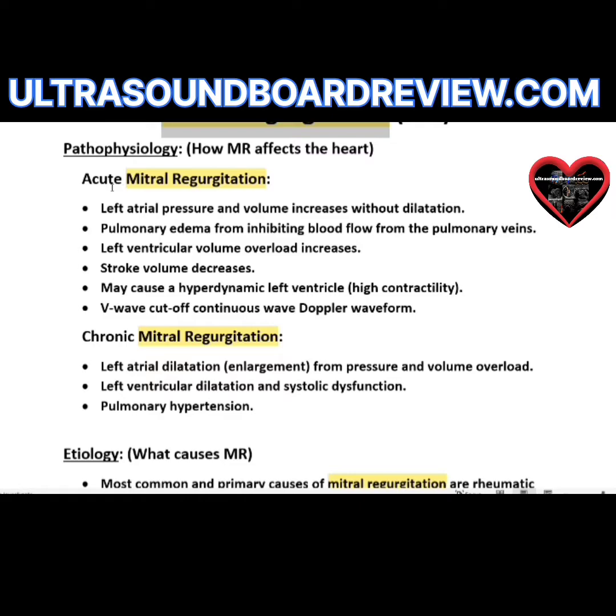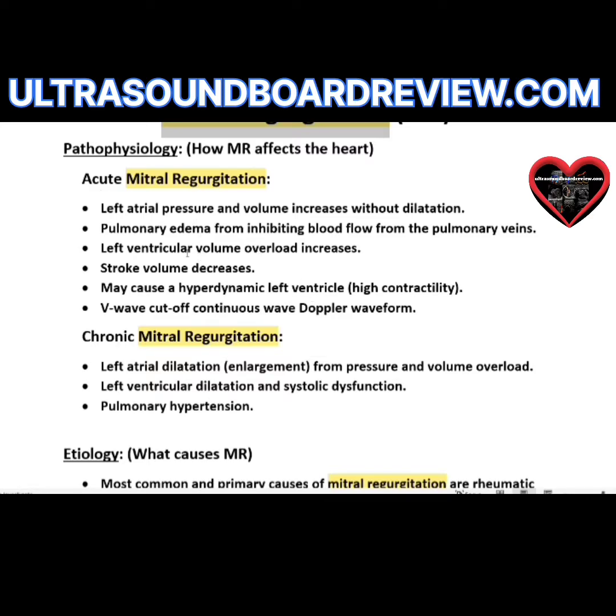So if you're asked about a patient who has a normal sized left ventricle, normal sized left atrium, severe MR, and the left ventricle is hypercontractile, how would you know the difference between acute and chronic?